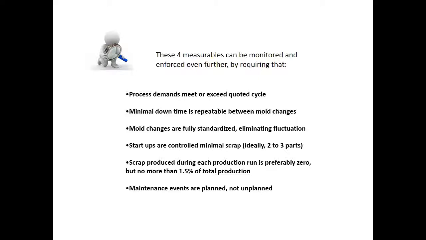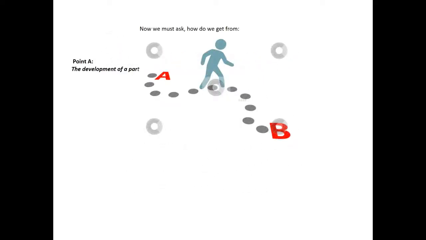What that means is, just for instance, if we're running a tool and the mold breaks and we're thrown into a setup that we didn't expect to do, well, that would be unplanned, where preventative maintenance events would definitely fall under the planned category. So now we must ask, how do we get from the development of a part to point B, which is a stable, repeatable process?